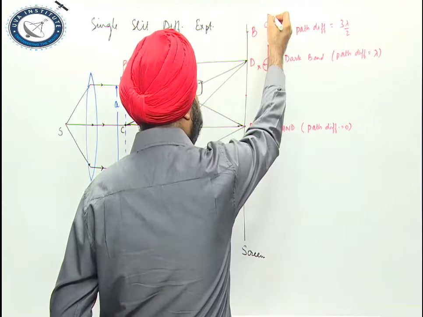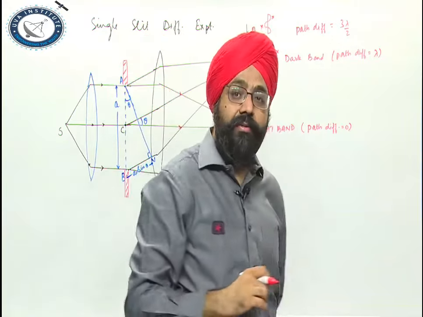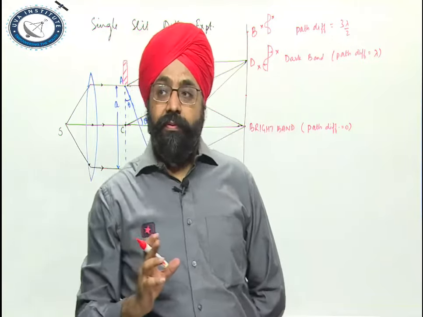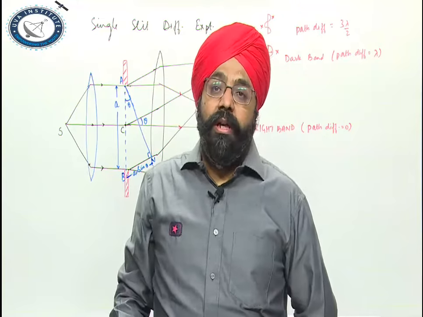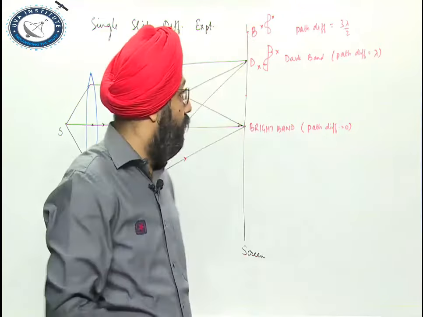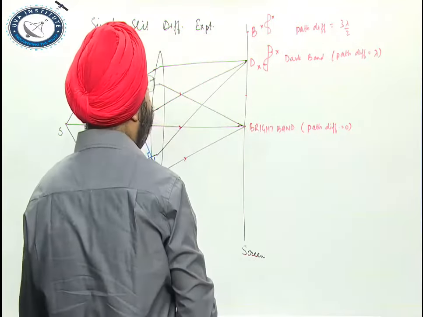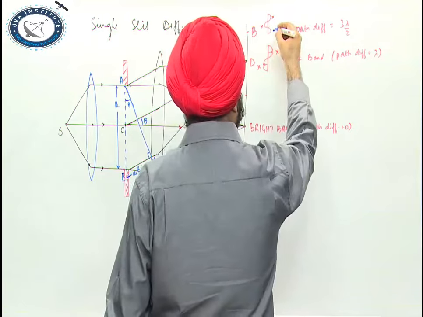So when all the points on this wave of length 3 lambda by 2 get superimposed on each other, this half will be cancelled out by this half, and the intensity will be due to only this part.